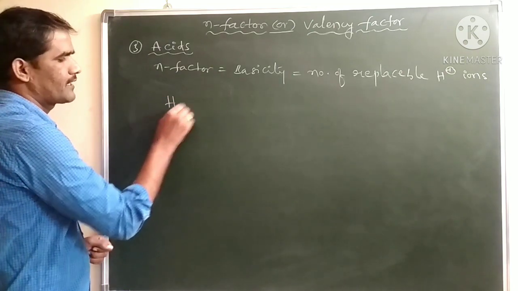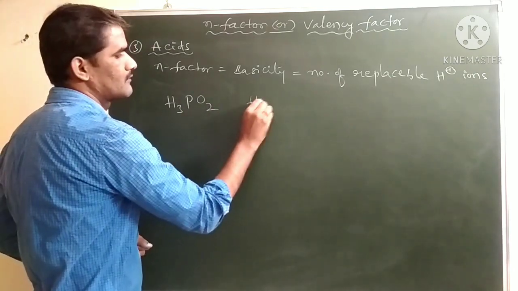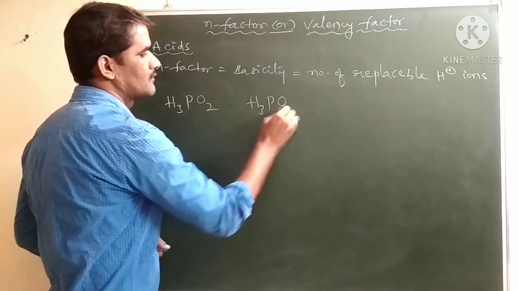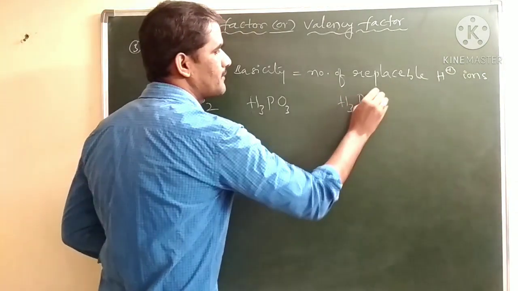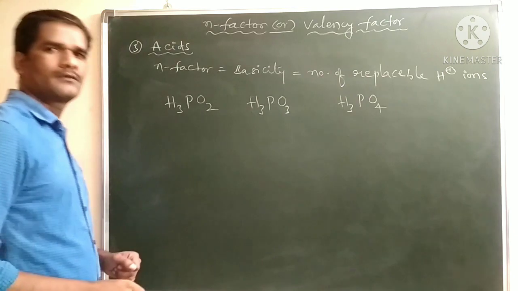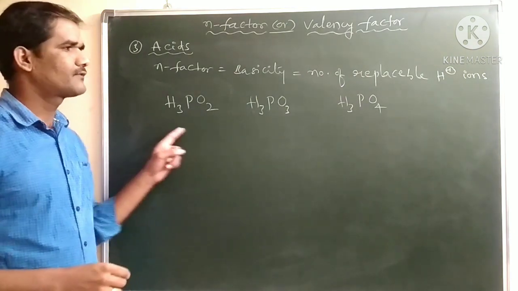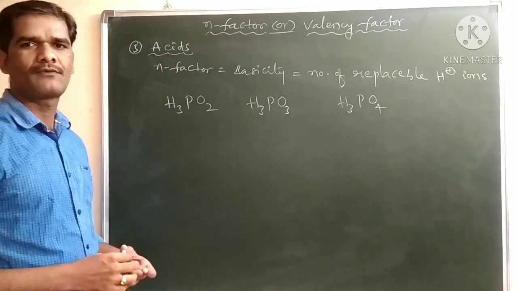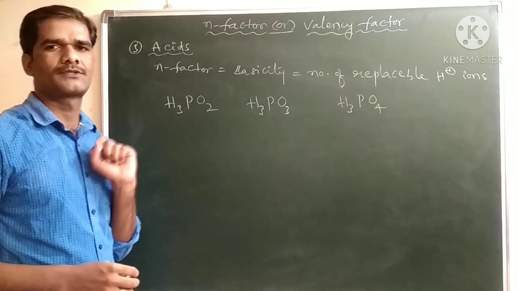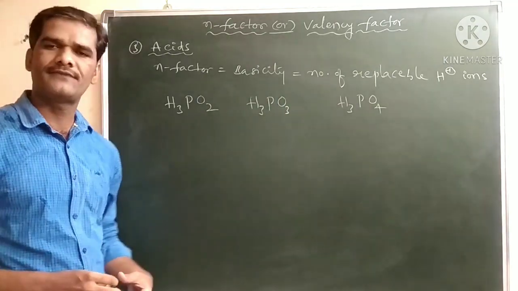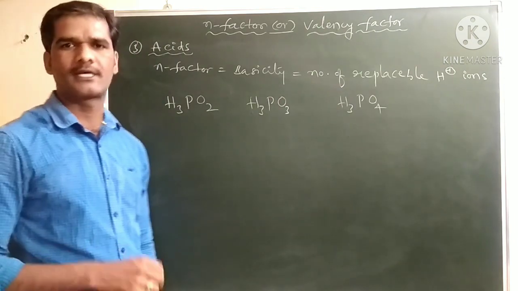In the case of H3PO2, H3PO3, H3PO4, by looking at the molecule, we assume that the N factor for all these molecules is the same. Why? Because all these molecules carry the same number of hydrogen atoms, that is 3, 3, 3. So we assume that its N factor is 3 for all these 3 molecules, but this is not correct.